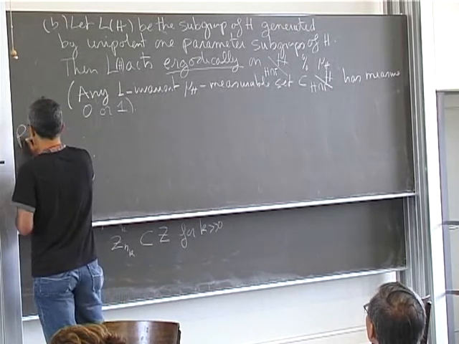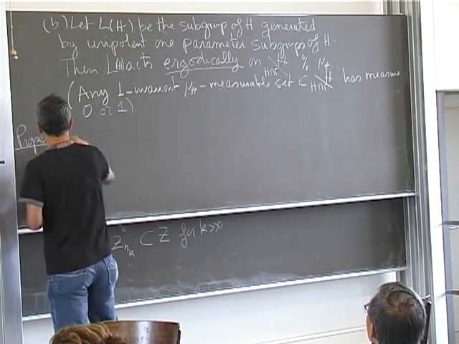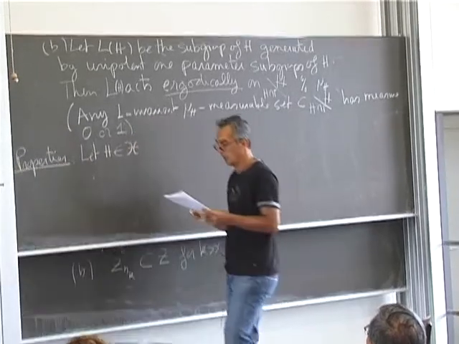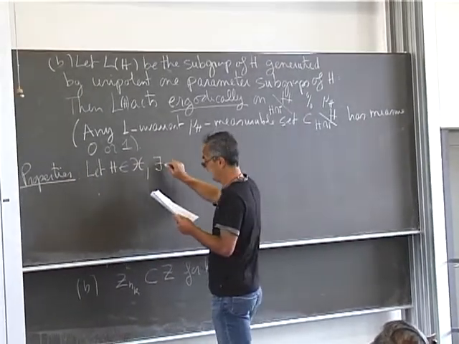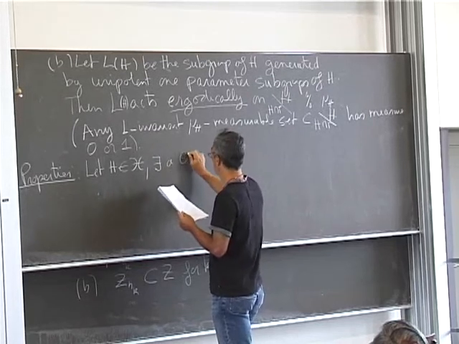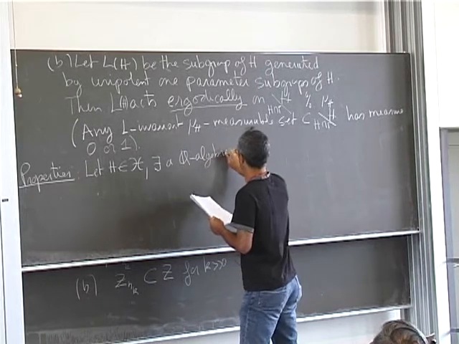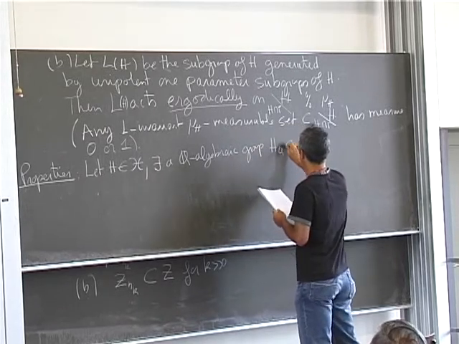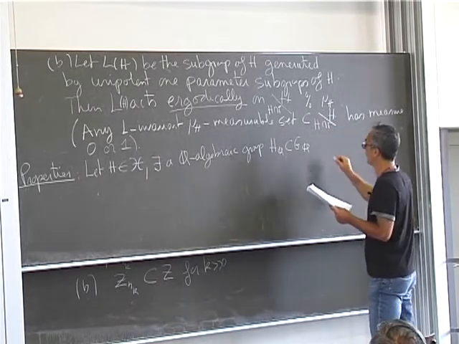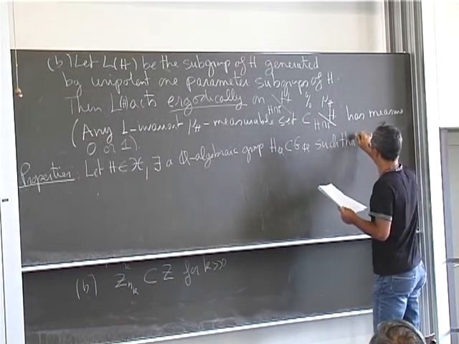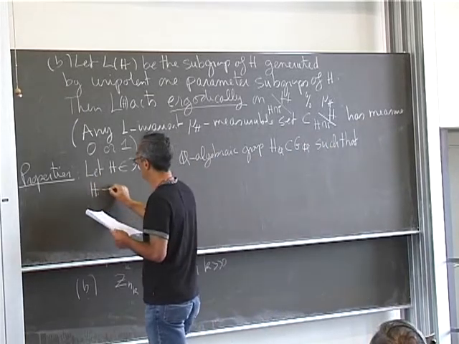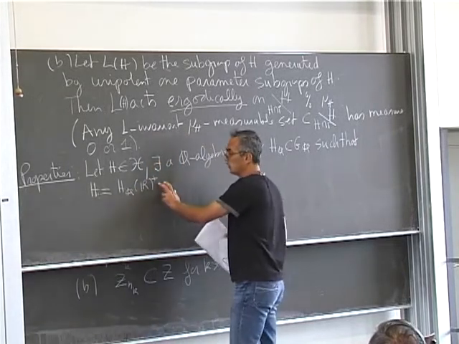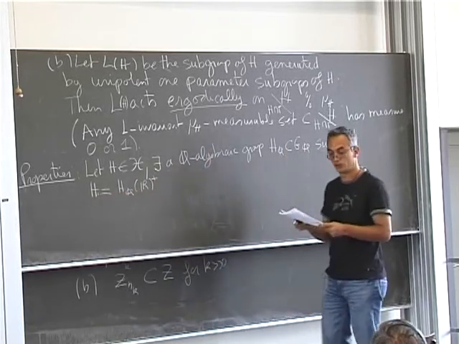So here is a list of properties. Let H be an element in the class H. Then there exists a Q algebraic group HQ inside GQ such that H is just the set of real points, maybe the connected component in the ordinary topology of the set of real points of HQ.